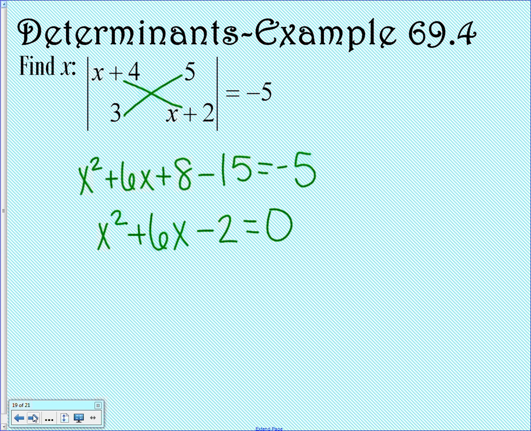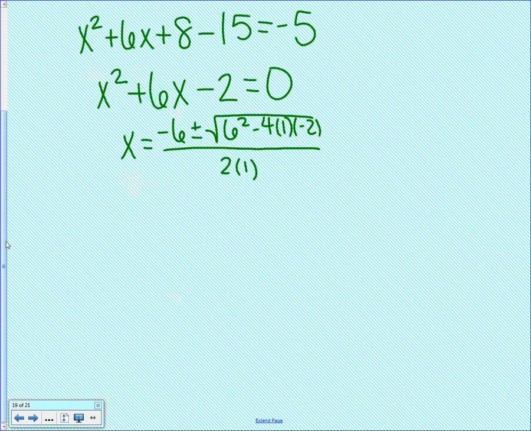Now unfortunately, that will not factor. So instead, we can do the quadratic formula. Our x value is going to be negative b plus or minus the square root of b squared minus 4ac, all over 2a. And so we're going to simplify this. I'm going to have negative 6 plus or minus the square root of 36 plus 8, over 2.